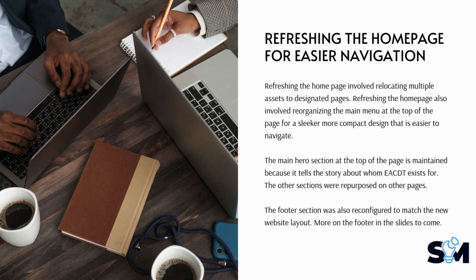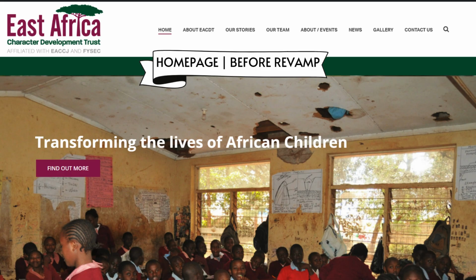The main hero section at the top of the page was maintained because it tells the story about who EACDT exists for. The other sections were repurposed onto other pages. The footer section was also reconfigured to match the new website layout, and more on that is shared in following slides.